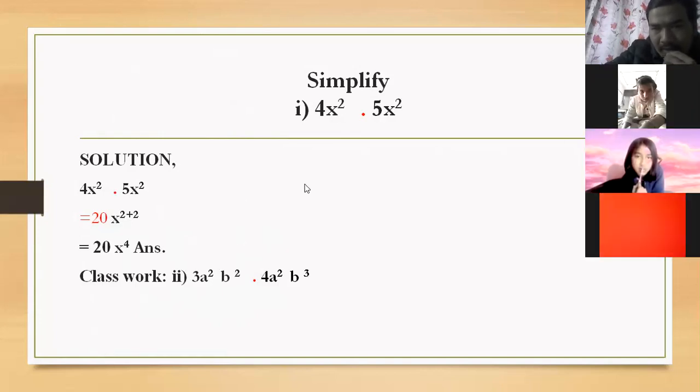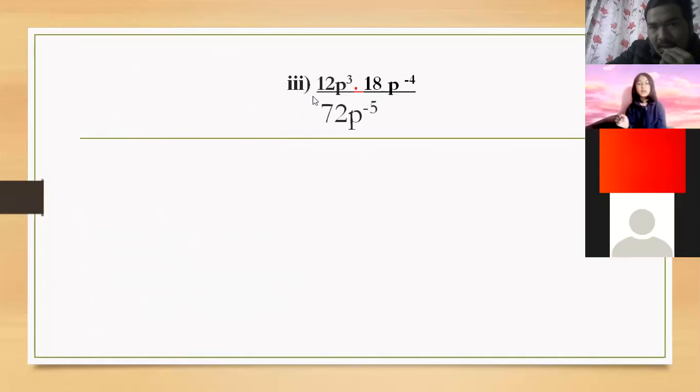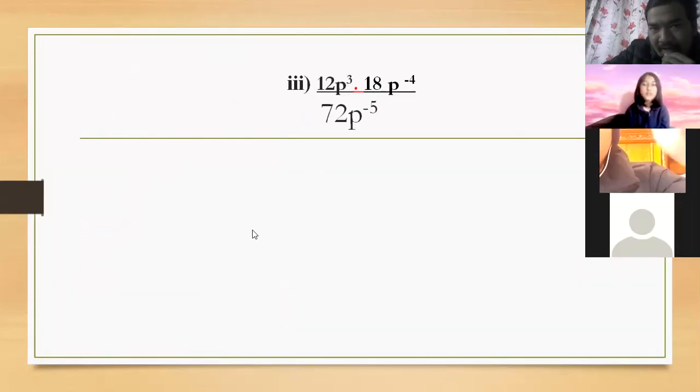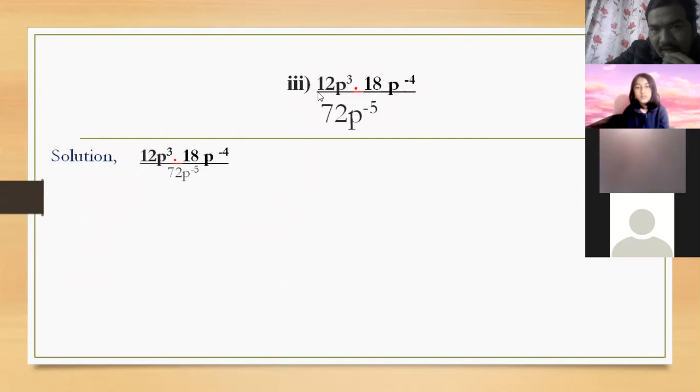Next also I want to show you a little bit. I am telling you faster; you can note down later. In this question we have to divide. 12 and 72 we have to divide, and 18 and 72 also can divide.